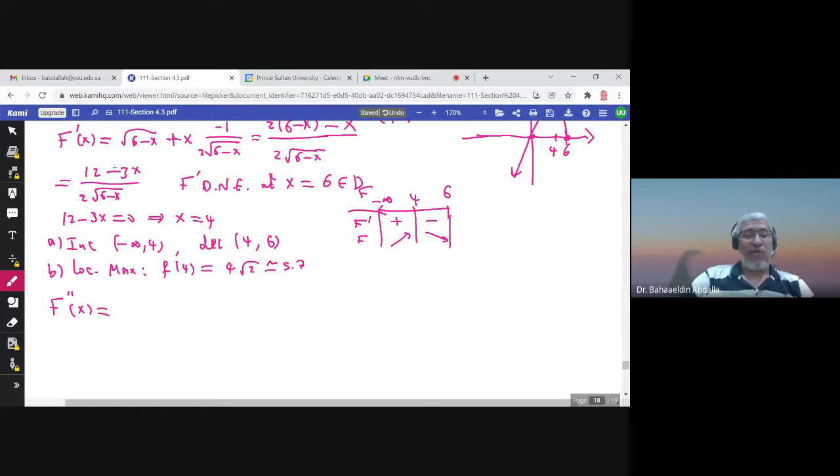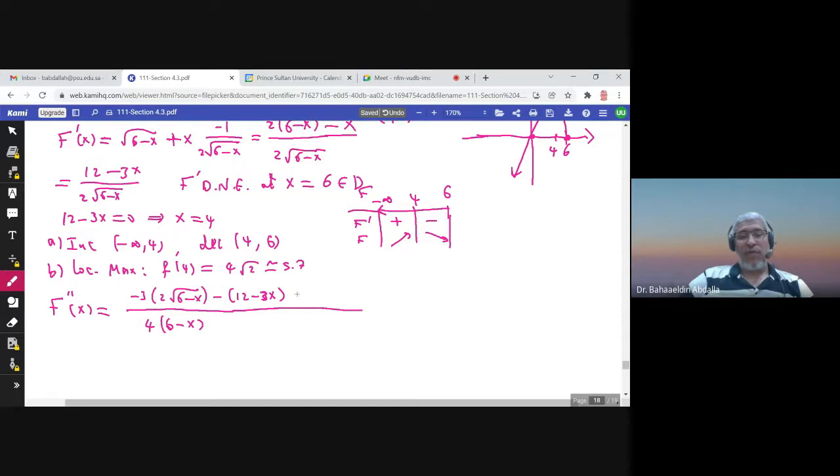Well, I will use this definition of f prime, and I will use the quotient rule. So square the denominator, raise it to the power 2. The derivative of the numerator is negative 3 times 2 square root of 6 minus x, minus 12 minus 3x, the numerator, times the derivative of the denominator, 2 square root of 6 minus x.